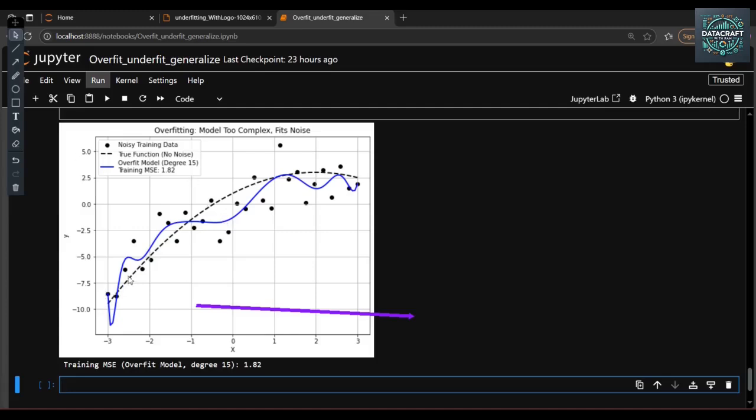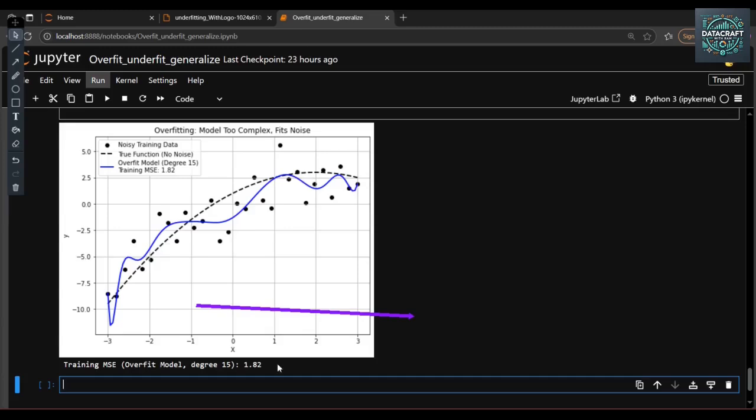Yes, we have a lower mean absolute error of 1.82. The training error is extremely low, but the ability to predict new data is much poorer. In that scenario we can say this model is overfit. That means the model performs well with the training data set and fails to perform with the testing data set.